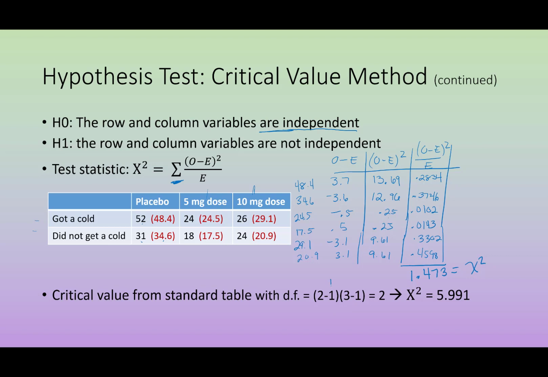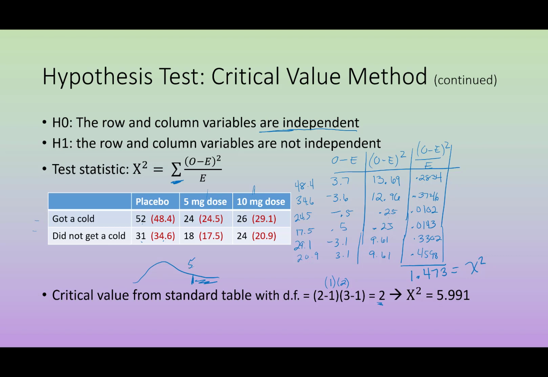So my degrees of freedom, I actually end up with 1 times 2, which gives me a 2. So I would use 2 degrees of freedom when I go to my table to find my critical value. When I do that, I find the critical value of 5.991.